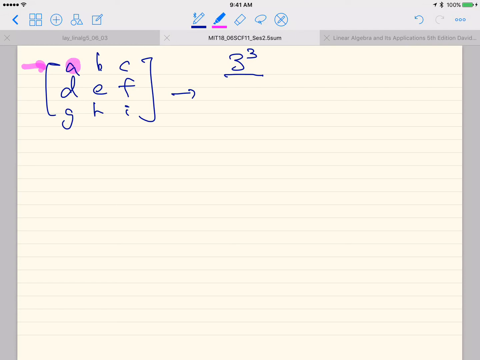Suppose we chose this guy, and then maybe this guy, and maybe this guy. In this case, we have 3 cards or 3 options, 3 non-zero entries, and we have to distribute them over different rows and different columns.